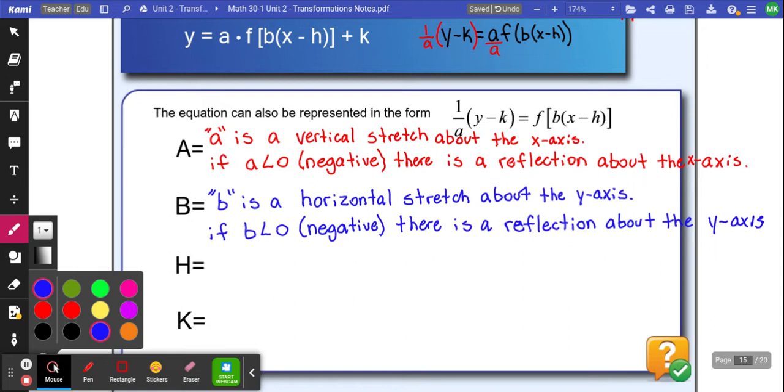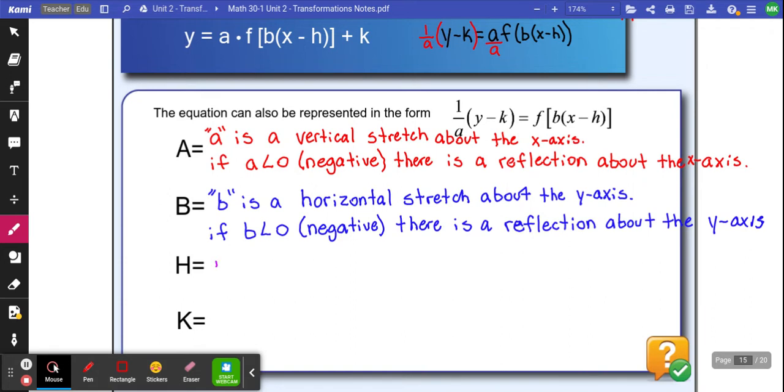All right. H. What does your H value do? Beautiful. It is a horizontal translation. I'm going to put in brackets that means it moves left or right.